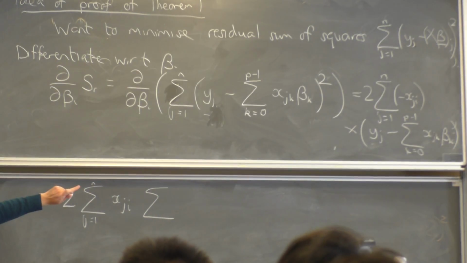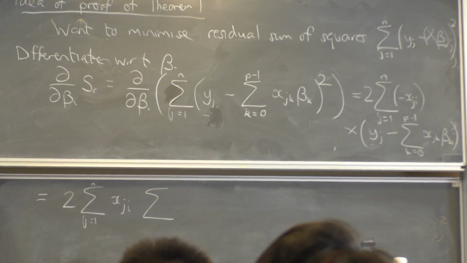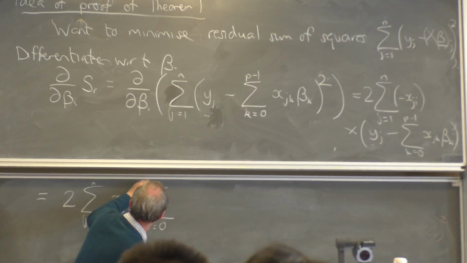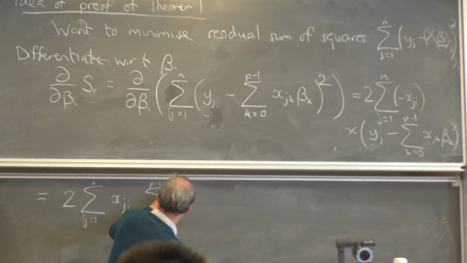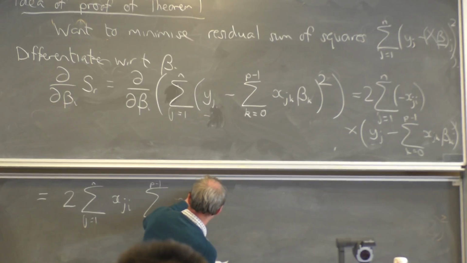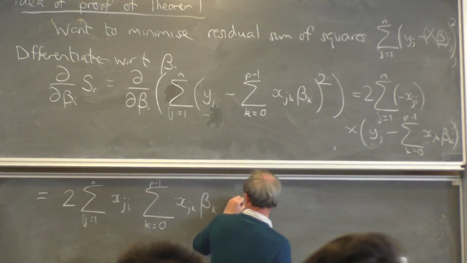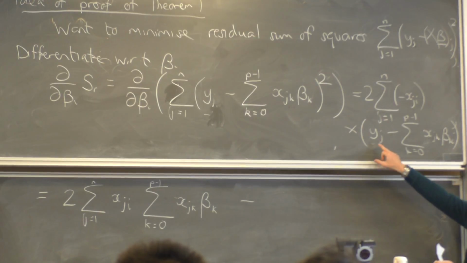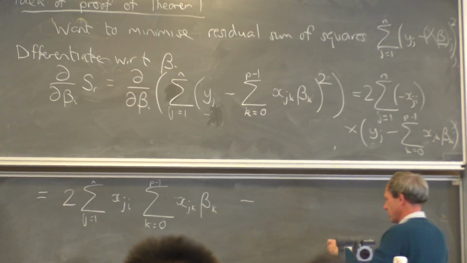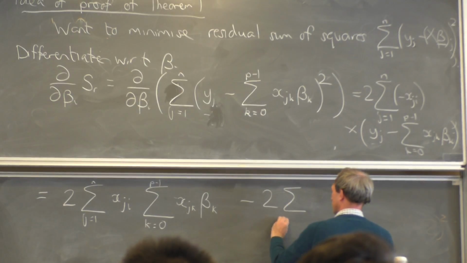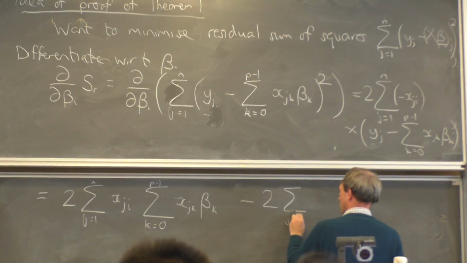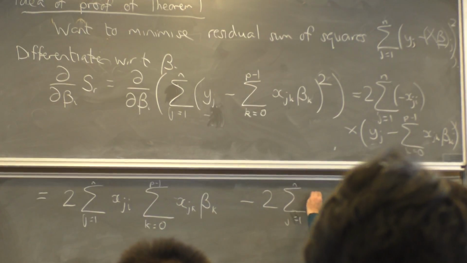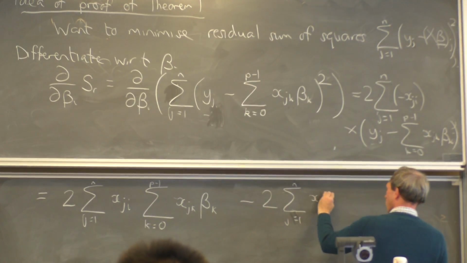So let's start off with that term which has the sum from k equals 0 to p minus 1. And then we want this term which had the y_j. That's now going to have a minus sign. So we've got twice the sum from j equals 1 to n of x_ji y_j.